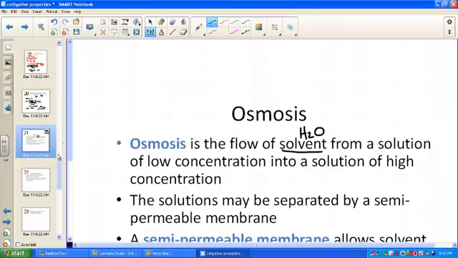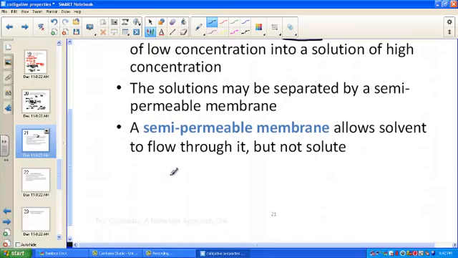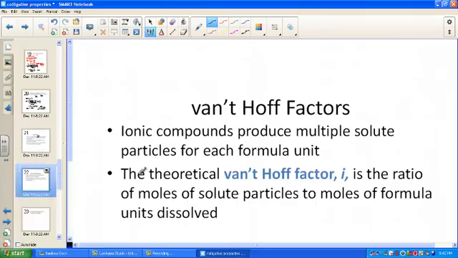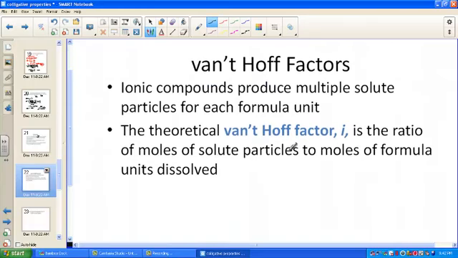Osmosis really comes up a lot in biology. When you have a semi-permeable membrane and you want to track water flow, we talk about osmosis and osmotic pressure. This will end up being a calculation, but I also wanted to take a moment, and I should have put this slide earlier, to talk about the van 't Hoff factor, i.